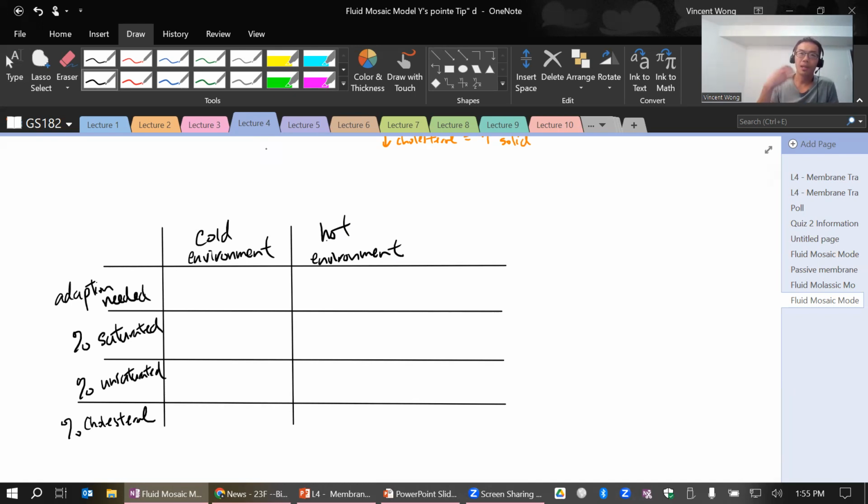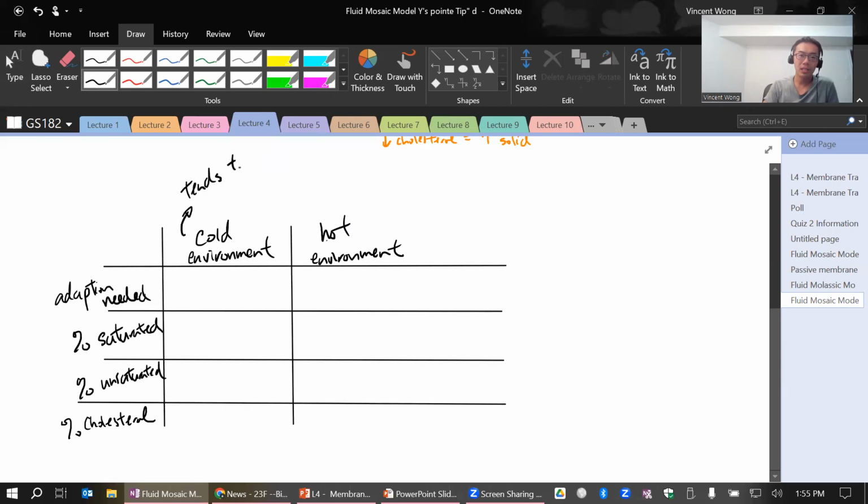Now, we don't want the cell membrane to be too solid, because if that's the case, then nothing goes through. So you want to counteract that, you want to undo that. So a cold environment tends to make the cell membrane more solid.